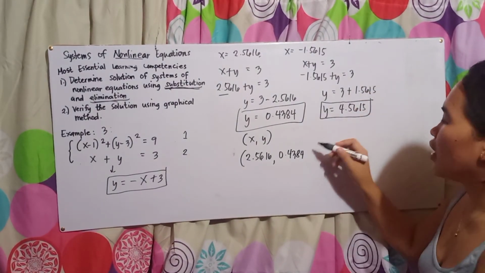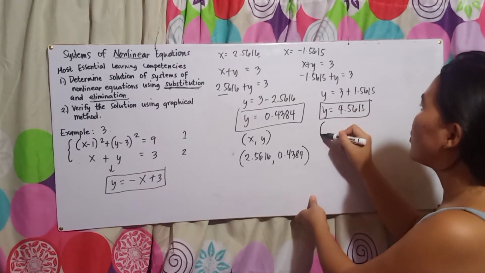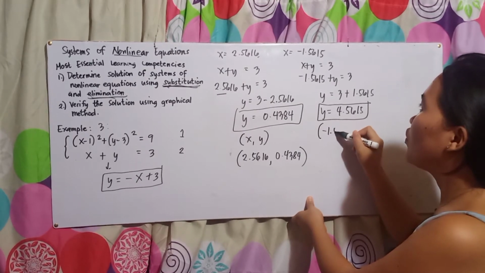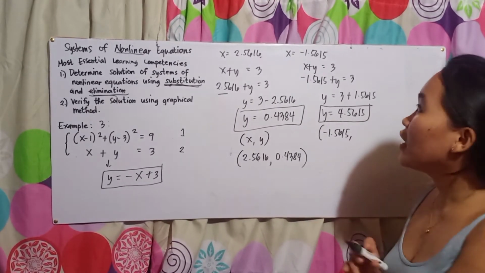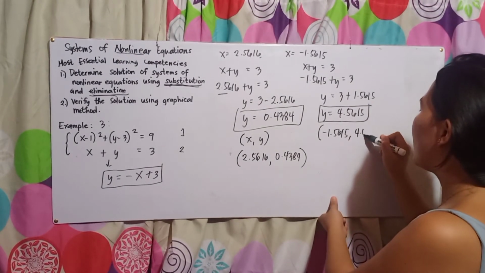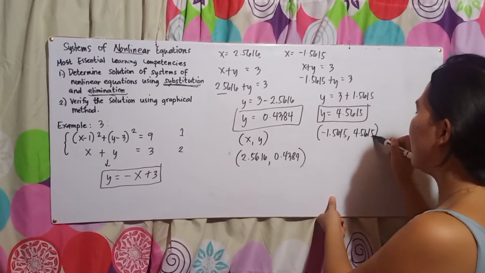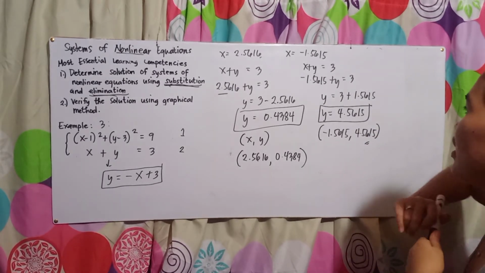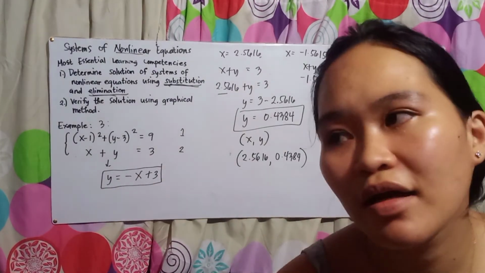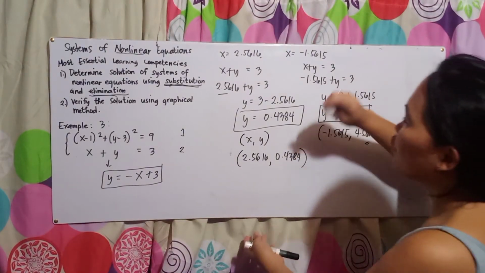So, ang isa, negative 1.5615, ang y is 4.5615. So, i-plot na nato na karon sa graph. So, i-graph na nato.